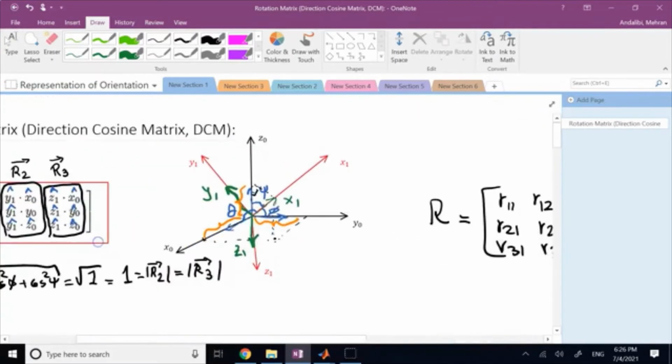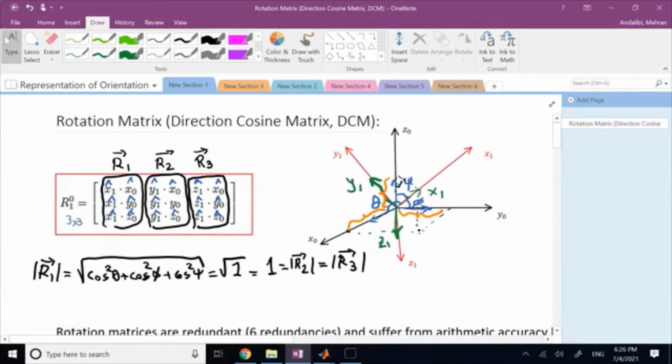If you look at the relation between these columns, you can see that each column is perpendicular to the other one. Why? Because all you have in the first column is actually what? Vector x1 written in frame 0. The second column is vector y1 written in frame 0. And what relation exists between vector x1 and vector y1? You know, x1 and y1 are always what?